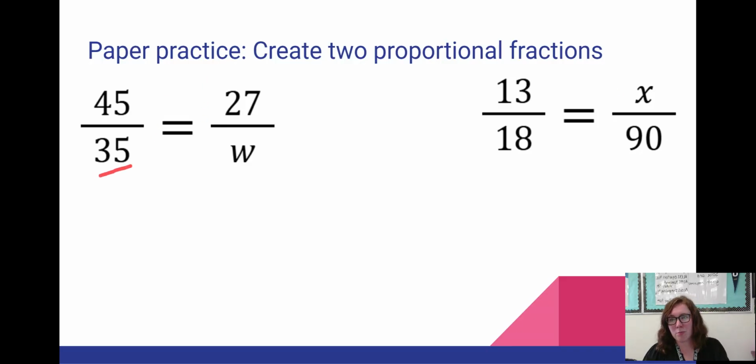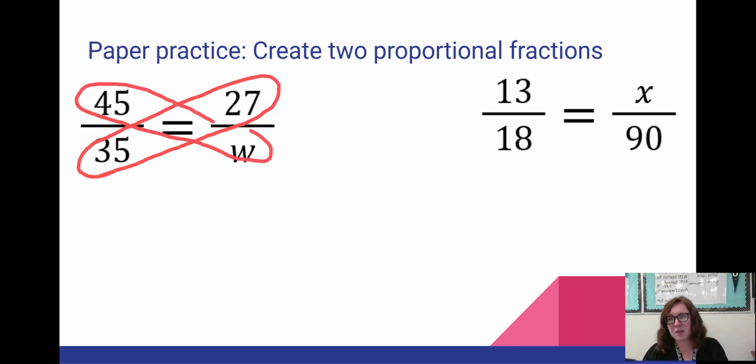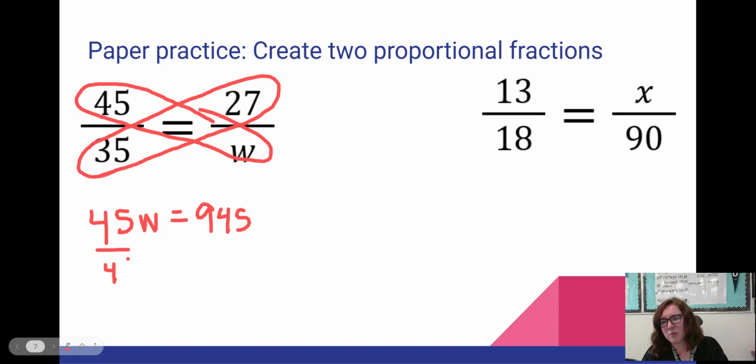One strategy was the butterfly method or the Band-Aid method, whichever vocabulary word you prefer, which is where we multiply 45 times W is 45W, and we multiply 27 times 35, and we get 945. And then just divide both sides by 45 because it's a one-step equation.